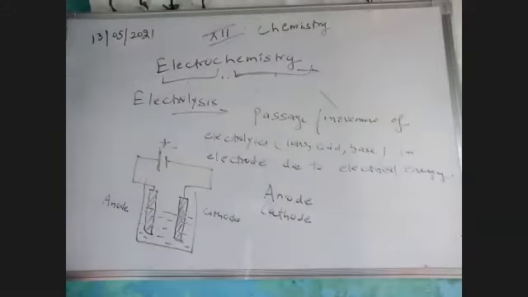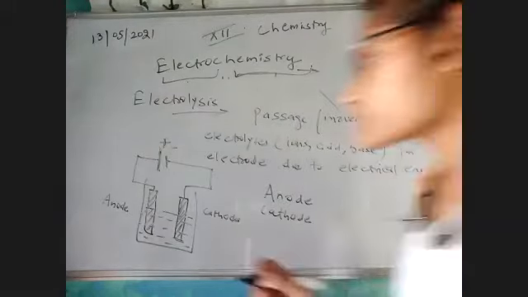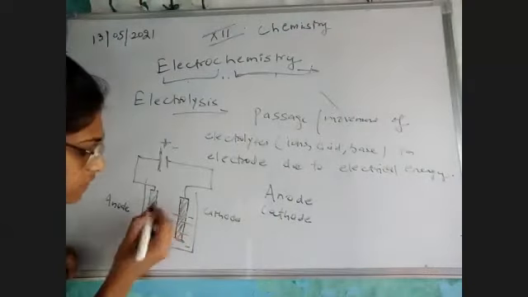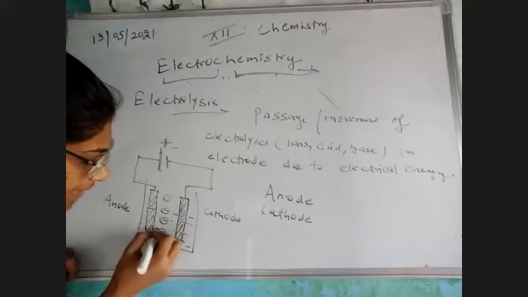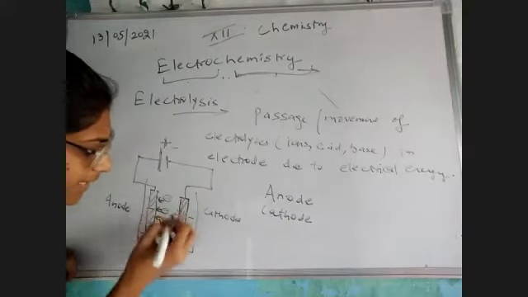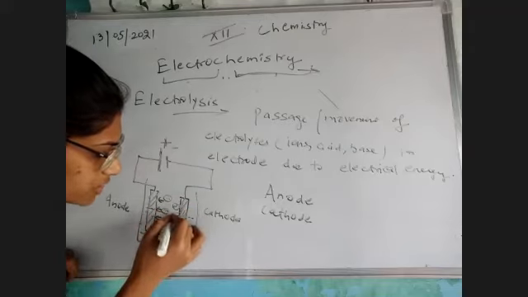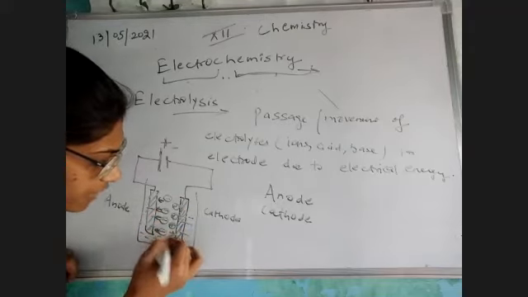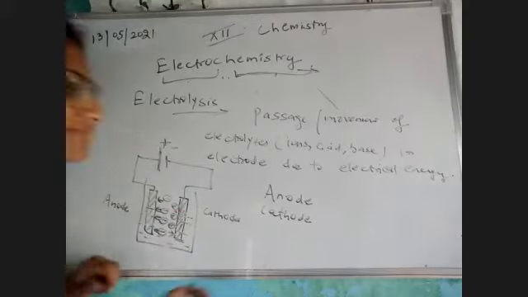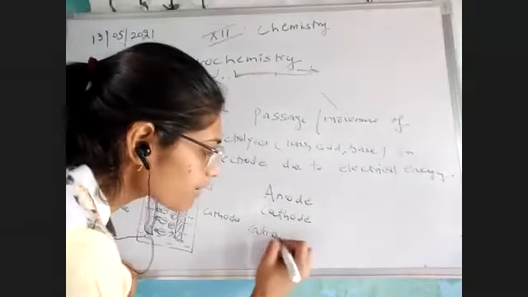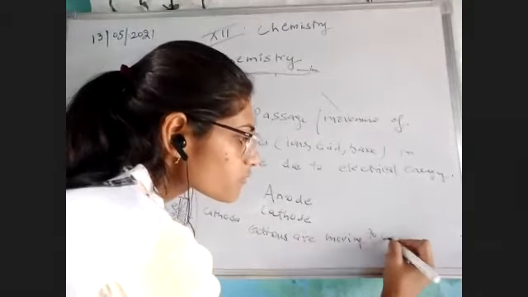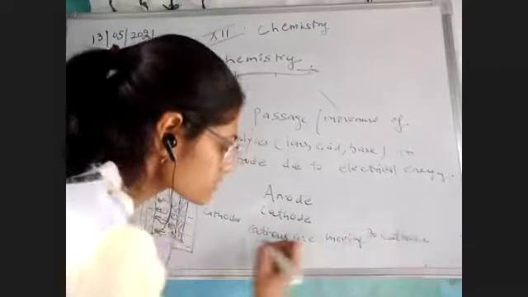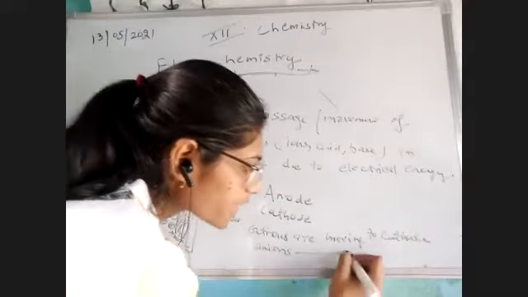The anions, that is the negatively charged ions, are moving to the anode, whereas the cations, that is the positively charged ions, are moving to the cathode. So cations are moving to the cathode, whereas anions are going to the anode.